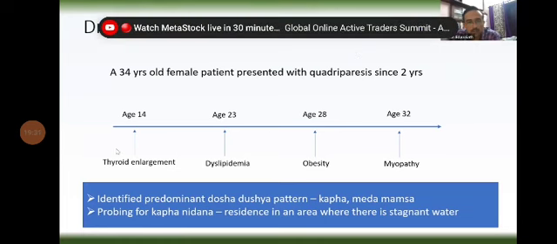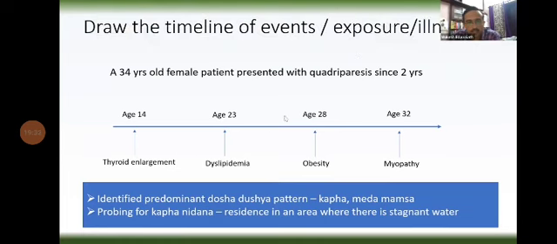So during the long timeline, the patient had these things happening to her body. Now look at the pattern, what is going on. So there is an overall Kapha Medo dushti, isn't it? So this is a Kapha avarana janya Vata prakopa that has happened. How did we identify that? Not based on the clinical manifestation of quadriparesis, but based on what is going on in the patient's body throughout the time period.